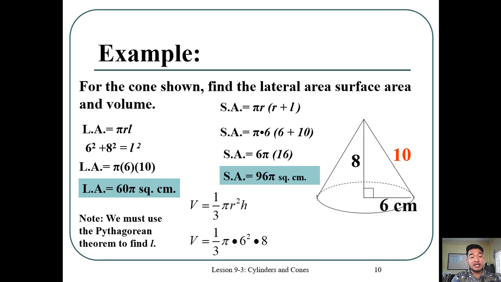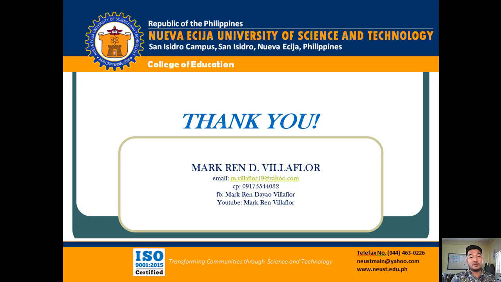And then for the volume, that is 1/3 pi r squared times the height. By substitution, you will have 1/3 pi times 36 times 8, times 3.14 divided by 3, which is equal to 301.44 or 96 pi cubic centimeters. So there you go, the LA, SA, and volume of cones.